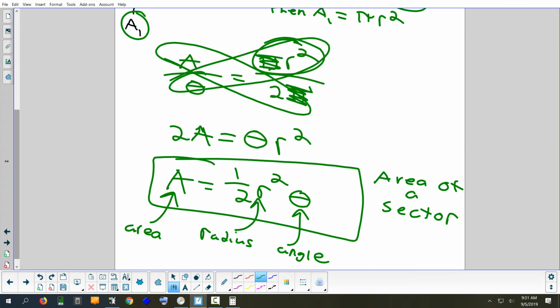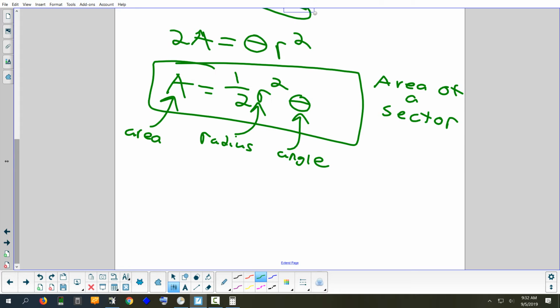But the problem with that is you would have had a 360 up in the top, and you wouldn't have had pi there. So the reason I did radians is because you had a pi in the top, pi in the bottom, and then it cancels out. If you have a 360, there's no pi. It wouldn't have canceled. So it would have been right, just a little messier. So angle in radians.